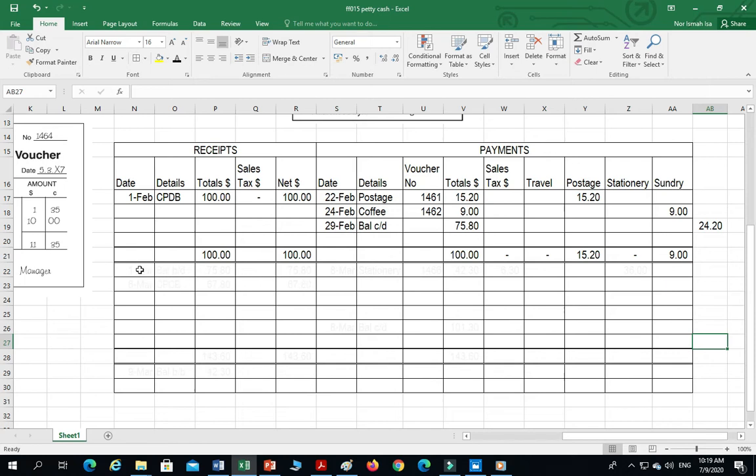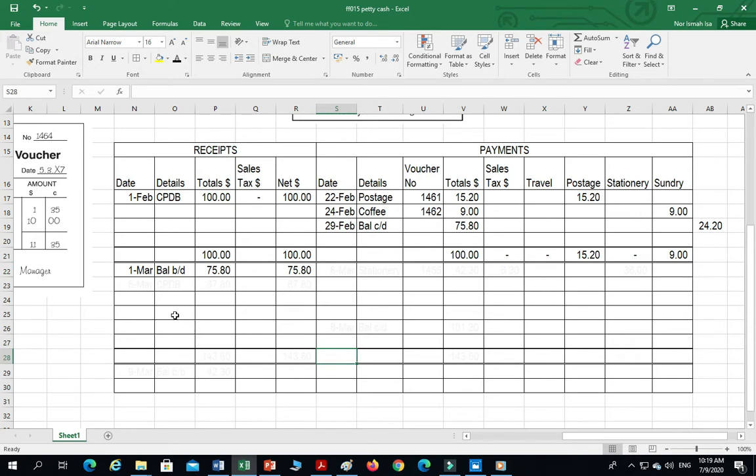This is not 1 February, this is 1 March. So the balance for petty cash is 78.80.